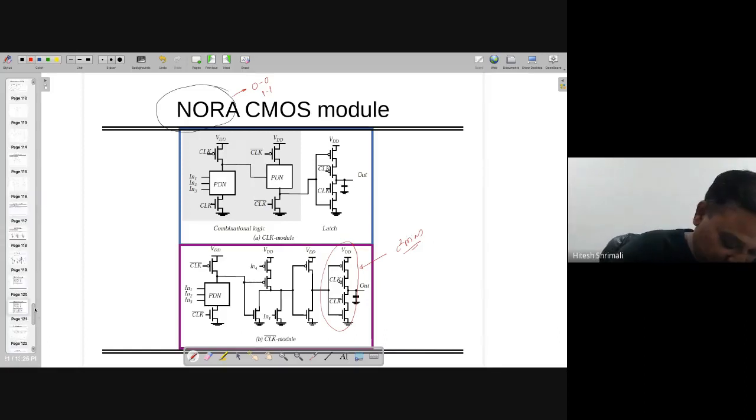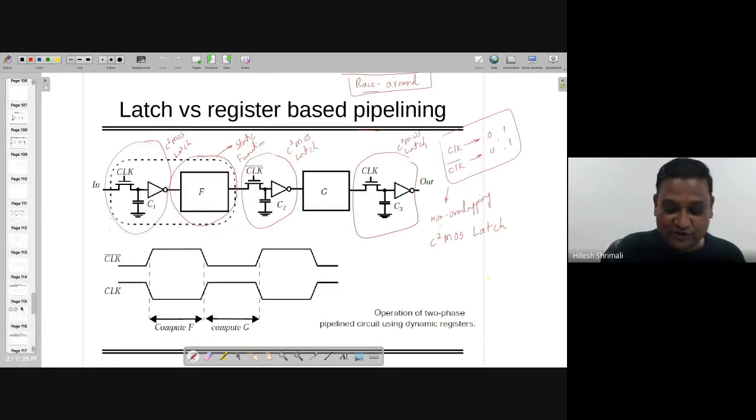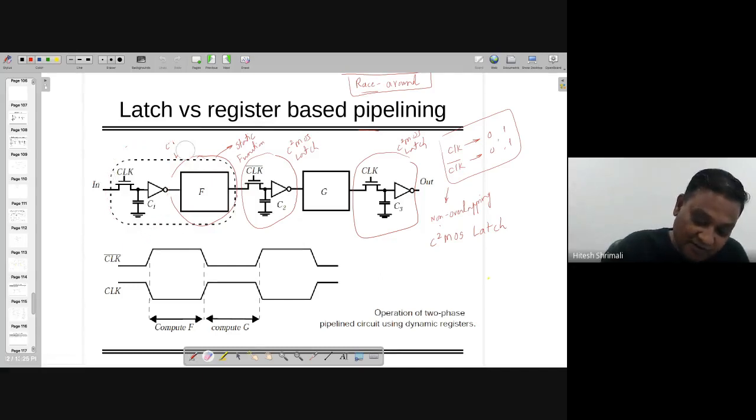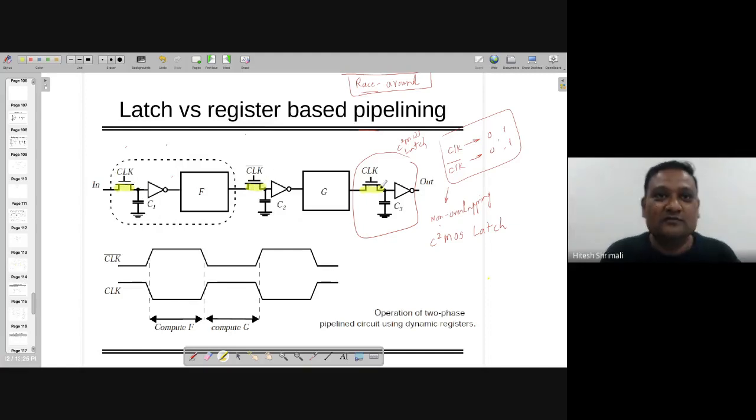Okay, so we can start from how the problem originated. We could have done this with just sample, hold, and next function. But the problem was when there is overlap, meaning this is also one and this is also one. What is going to happen? All are on. I don't want that.